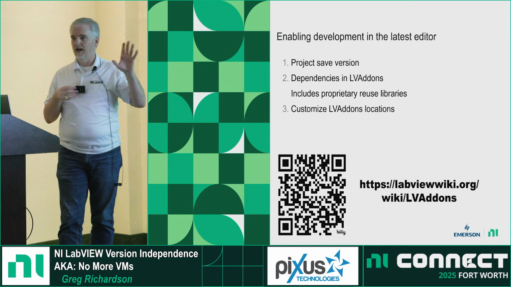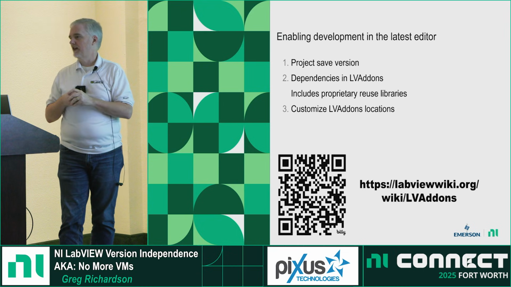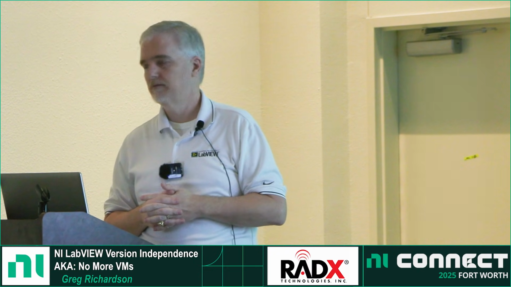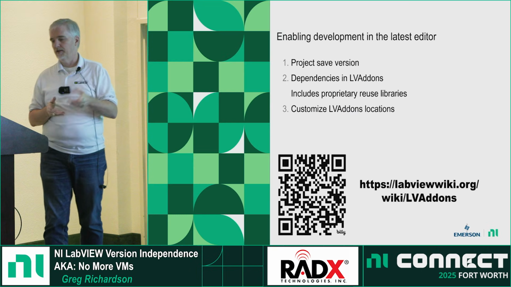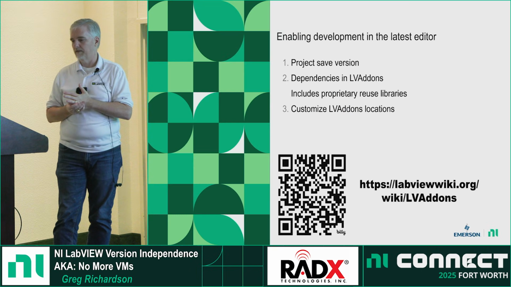And I tried to give you kind of one simple flow through it, but there's a lot of different ways these tools can be used. You don't have to follow it exactly, but this gives you a lot of options on how you can approach it. And again, there's that QR code for the LabVIEW Wiki.